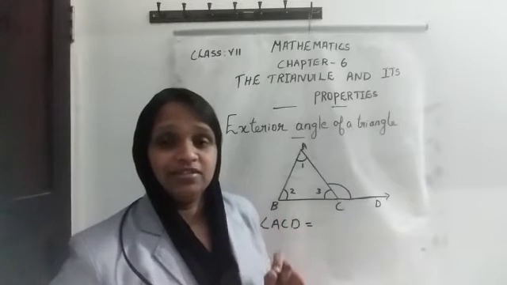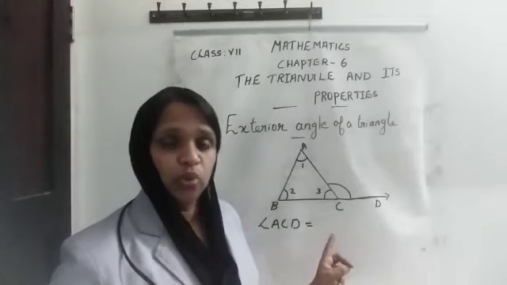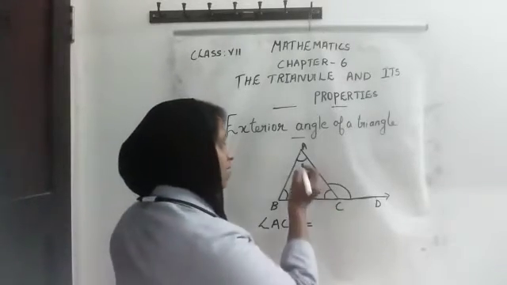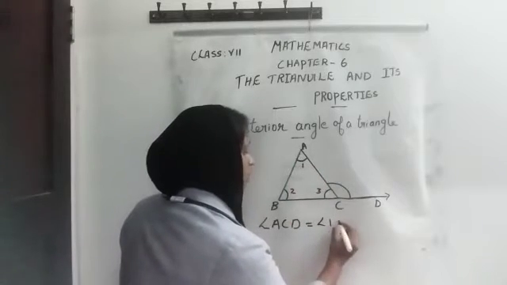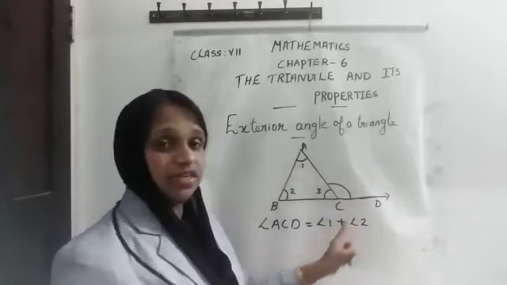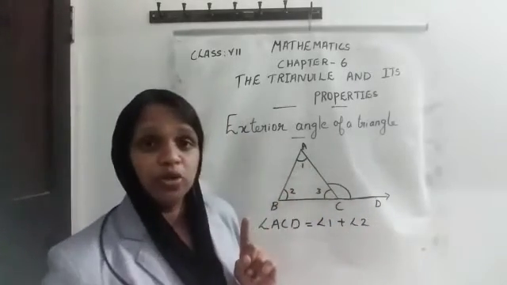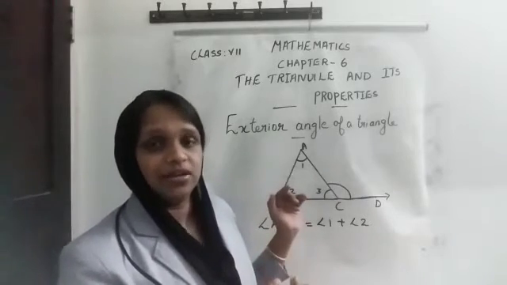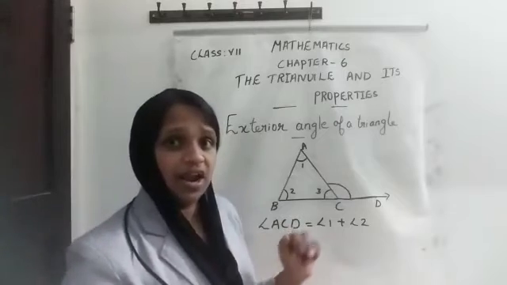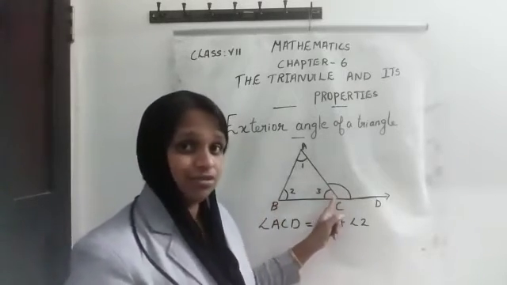So the exterior angle theorem means the exterior angle equals the sum of interior opposite angles. That means angle ACD is equal to angle 1 plus angle 2 because they are opposite angles. This angle 3 is adjacent to this exterior angle, side by side, these two angles.